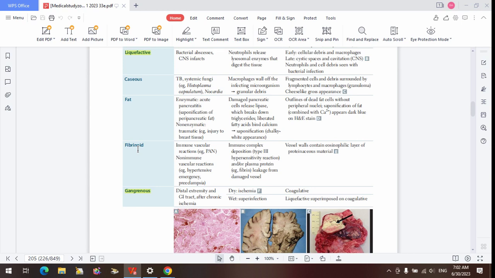For the non-immune one, it is due to the fact that there's an increased blood pressure, because if you guys remember the Virchow's triad, Virchow's triad is made up of stasis, turbulent flow, or endothelial damage.